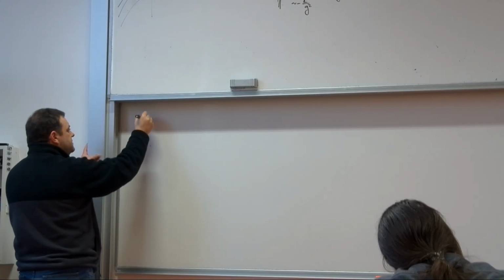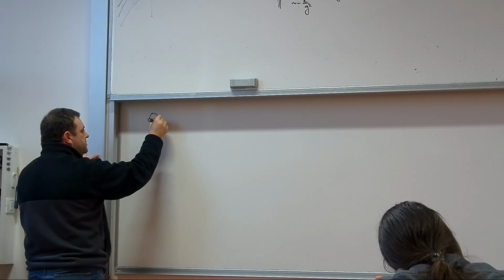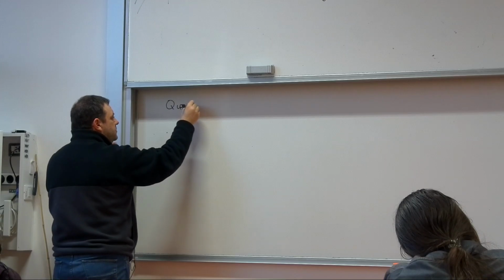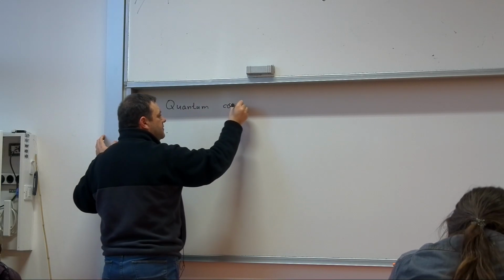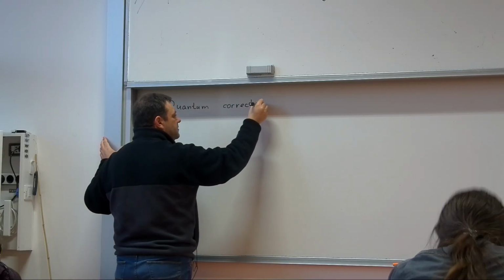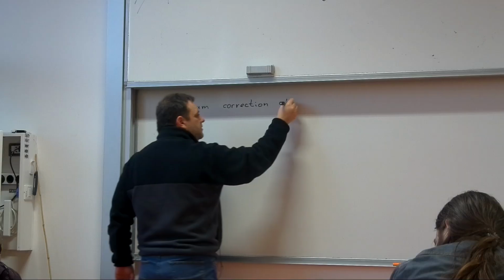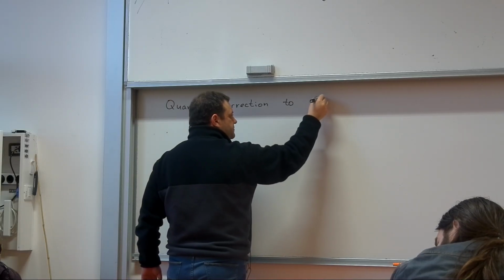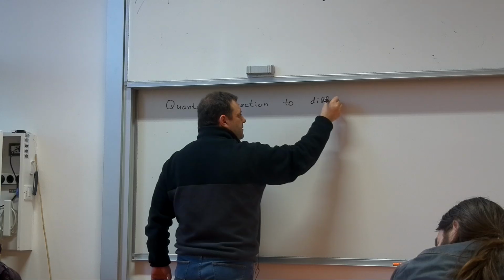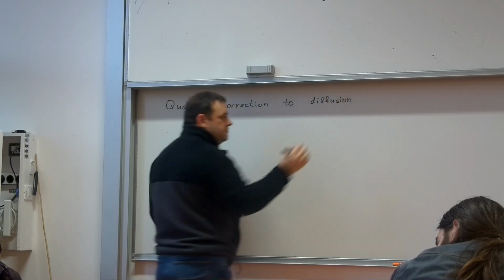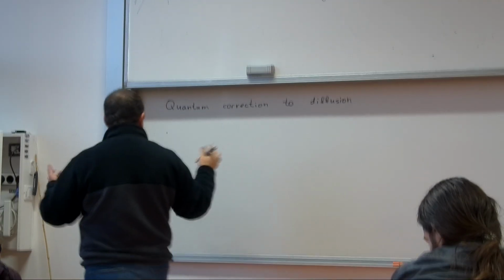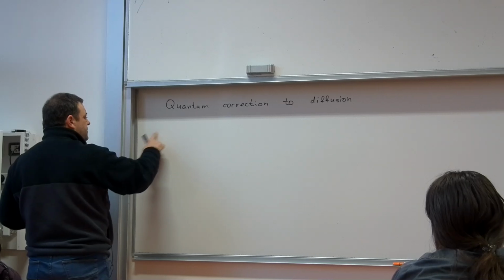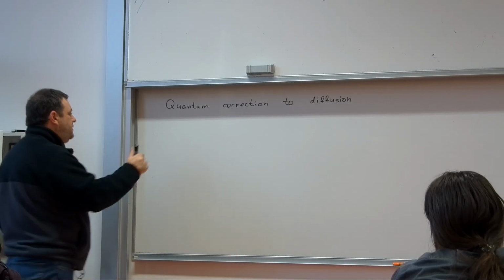So this is also, again, a quantum correction to diffusion. So in the classical system, we have the classical diffusion equation. Now we will have some corrections to it due to quantum mechanics.